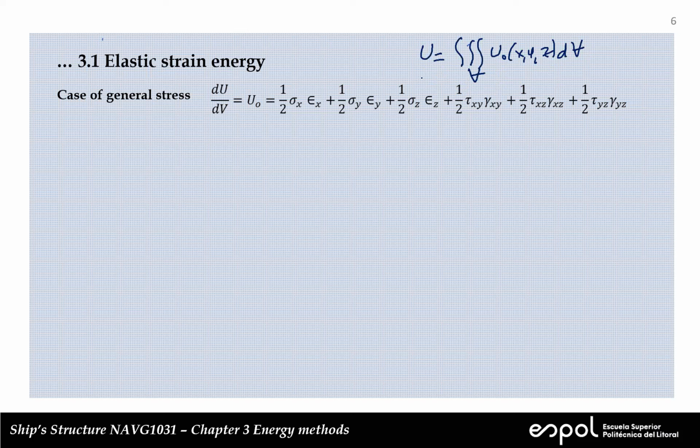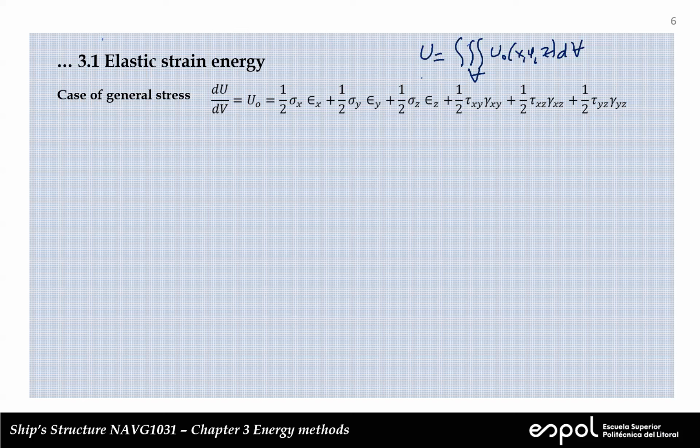Okay, now what's next? Since we said that we're going to be working in the elastic range, we can assume that Hooke's law is applicable in our case. Now, the problem is that in general we have said Hooke's law is sigma x equal to E times epsilon x, but that is for the uniaxial case.